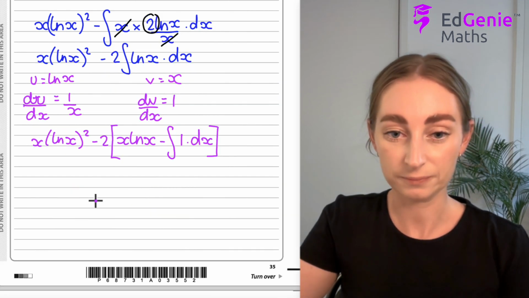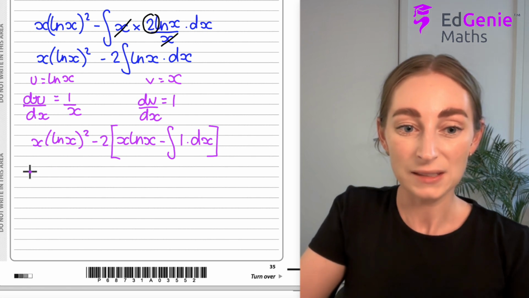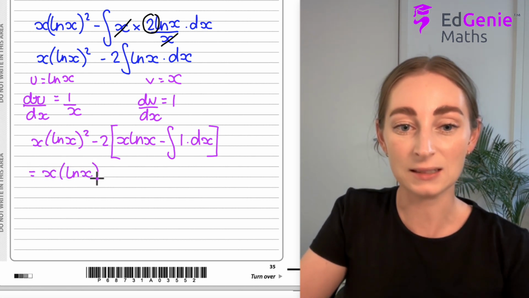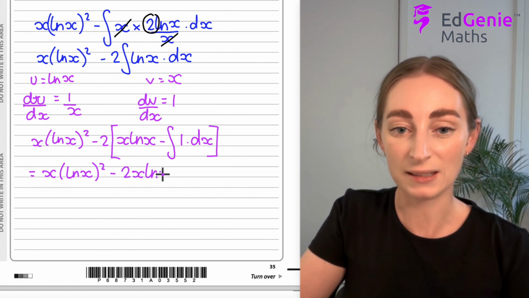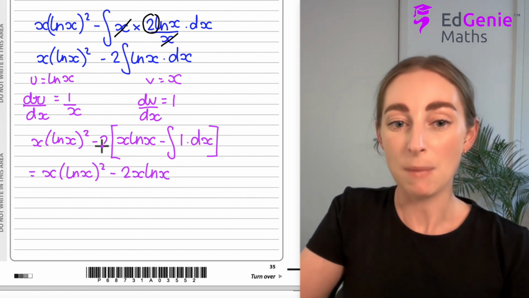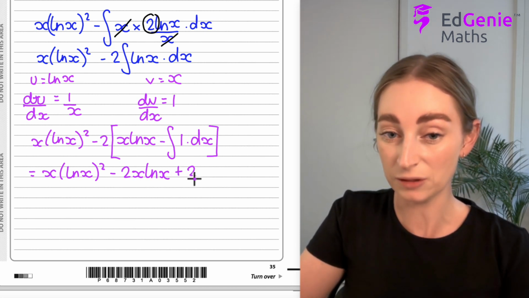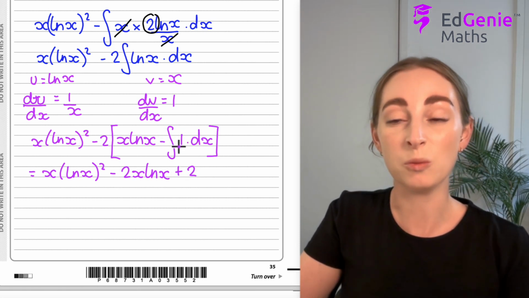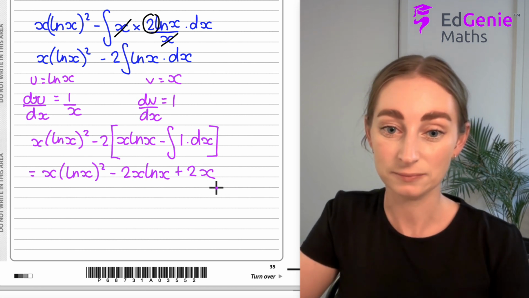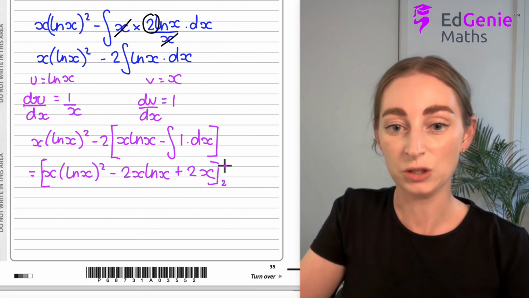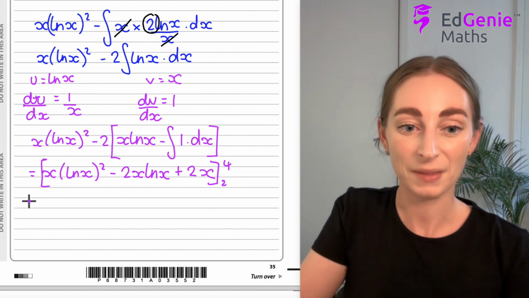That's quite nice. So that gives us x times ln x all squared minus 2 lots of x ln x minus 2, and then there's another minus here, so it's going to be positive 2. The integral of 1 is x. And let me put my limits back on. We've got 2 and 4.